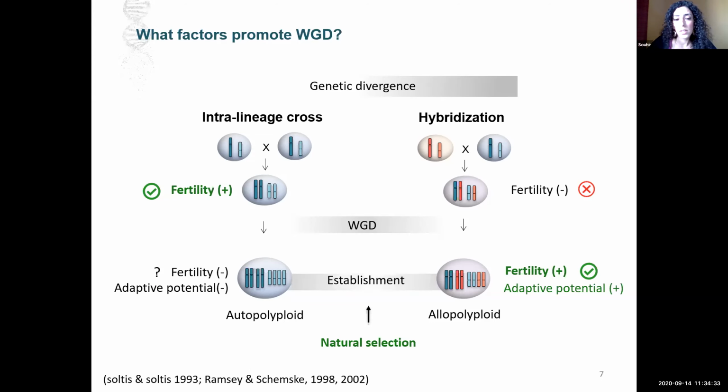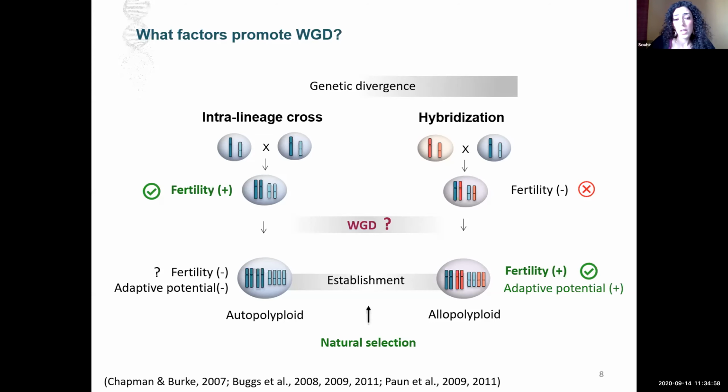However, more recent studies showed that autopolyploids are much more prevalent than what we thought, and their reduced fertility has been questioned because it was not always observed. So today, the role of parental divergence in triggering whole genome duplication is still under discussion and not well understood.